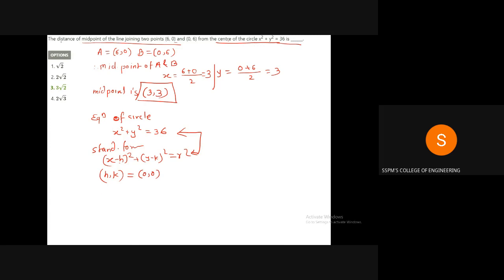Now we have to find the distance between these two points. The first point is this, and the second point is this.